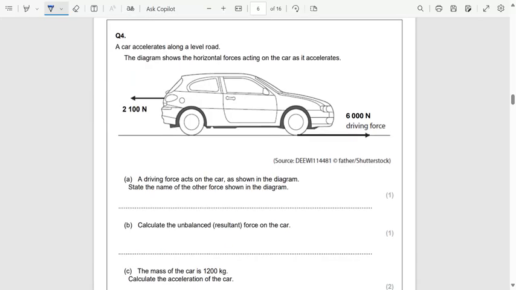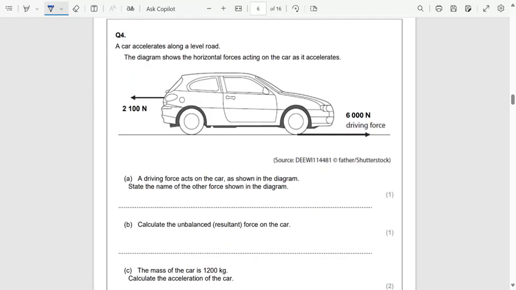Question 4 moves on to forces. So we're looking at a car which has a driving force from the engine of 6,000 newtons, and there is an opposing force, a force that's working against the driving force, of 2,100 newtons. Now we can see that these numbers aren't equal.